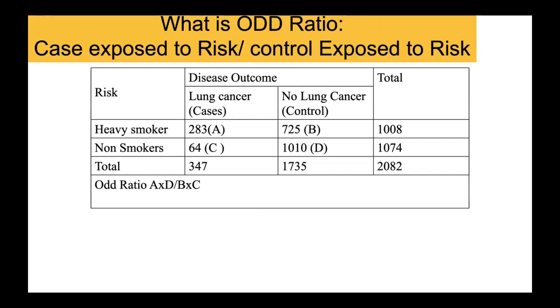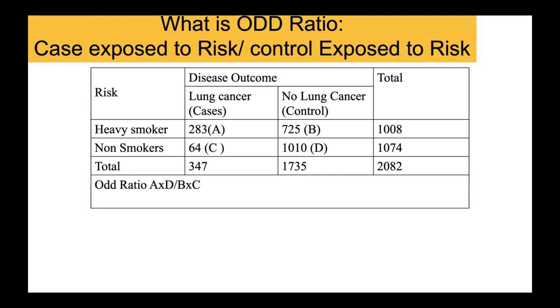Heavy smokers, there are 283 people who developed cancer, and no lung cancer in this. They were also heavy smokers, 780, and non-smokers 64 developed, and in non-smokers 1010. So in this calculation, what is your result?